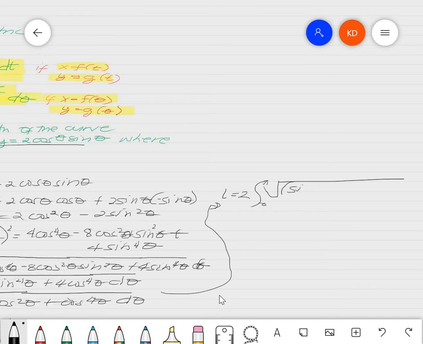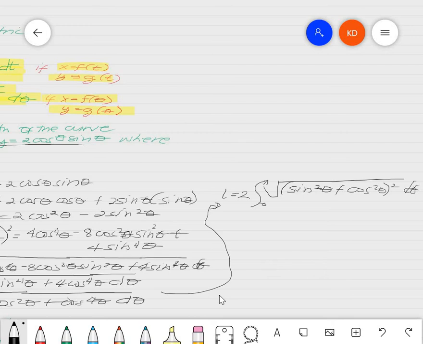Sine squared theta plus cosine squared theta quantity squared d theta, right? So your expression earlier will be simplified to this expression by applying some algebraic rules, some special product rules.